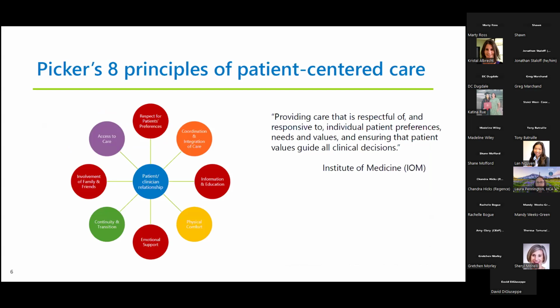Researchers from Harvard Medical School, on behalf of Picker Institute and the Commonwealth Fund, defined 8 primary dimensions of patient-centered care. They found that there are certain practices that are conducive to a positive patient experience, and their findings make up Picker's 8 principles of patient-centered care. While all of these are important components of patient-centered care, you'll see in red those circles that really get at where shared decision-making can support the clinician-patient relationship.